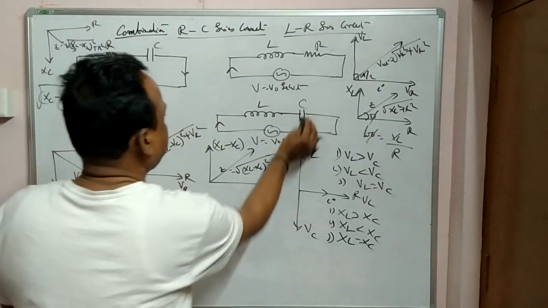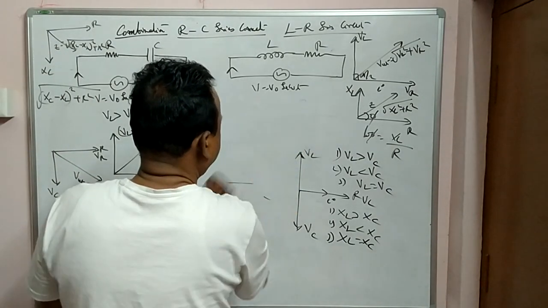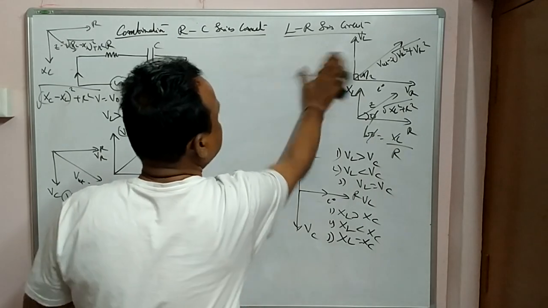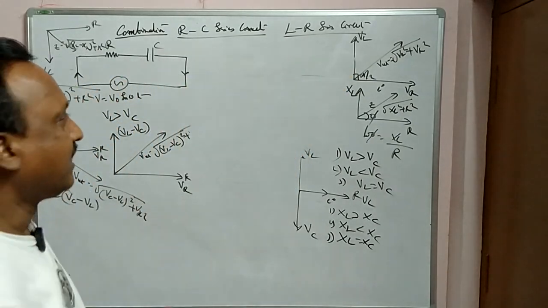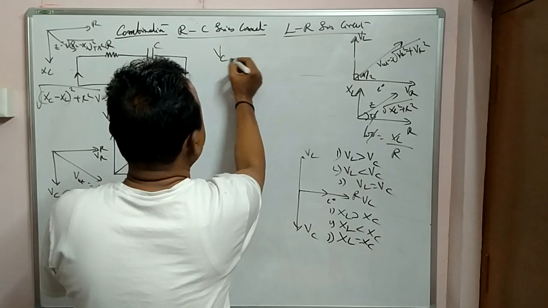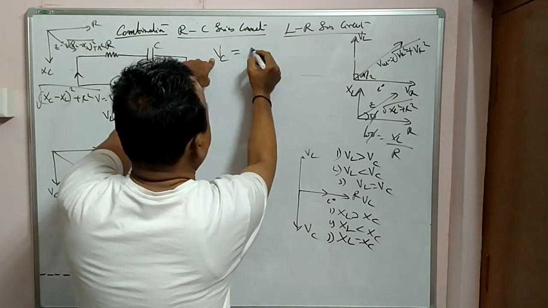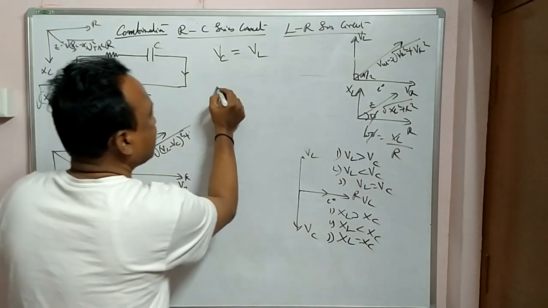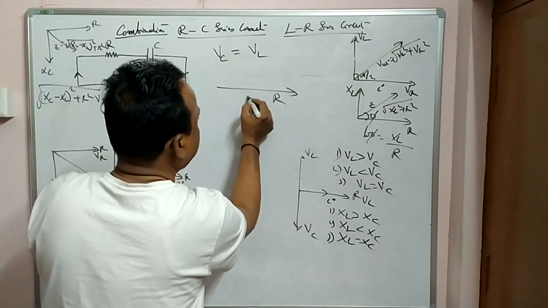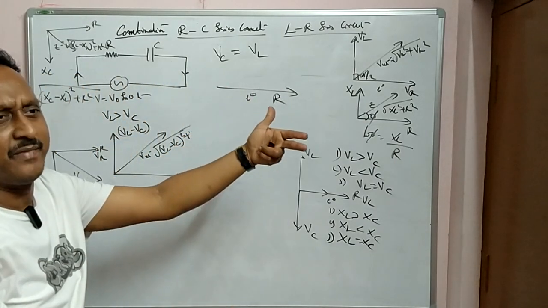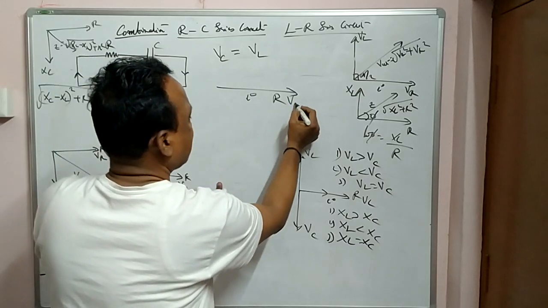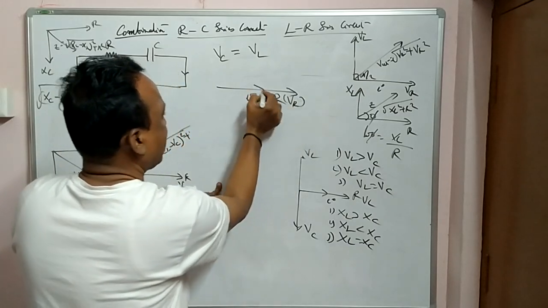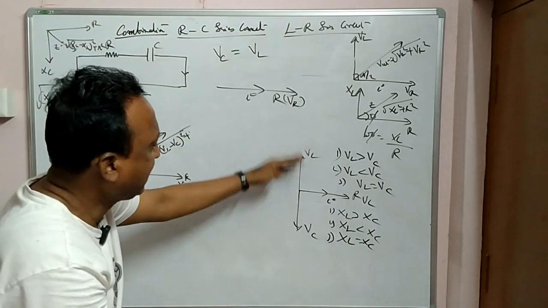And the last case is left. The last case is, if VC is equal to VL, that is called the resonance condition. If the voltage across the capacitor is equal to the voltage across the inductor, then what happens? The phase difference is 0. Current and resistance will be in the same direction, because these both are equal.